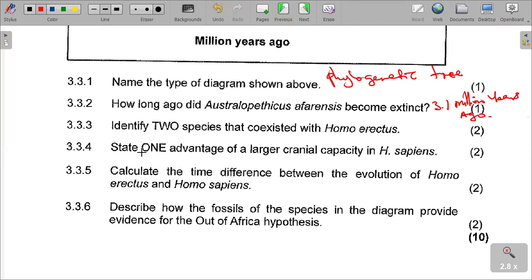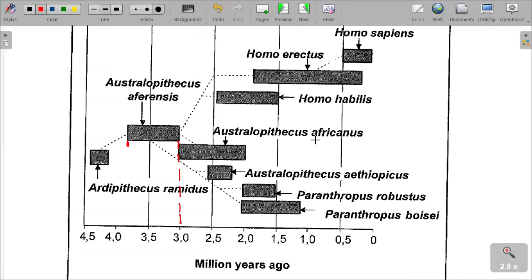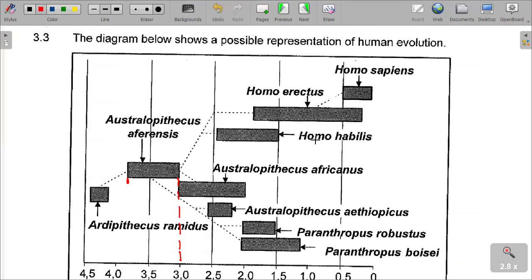Identify two species that coexisted with Homo erectus. Co means existed at the same time with the Homo erectus. We have to look for Homo erectus and two species that lived at the same time with it. Homo erectus is here.